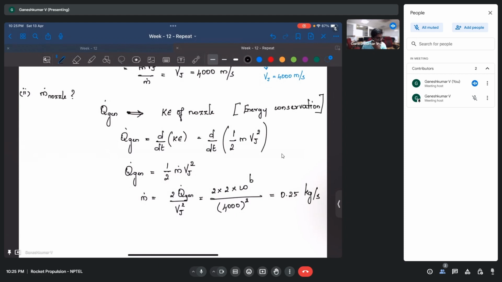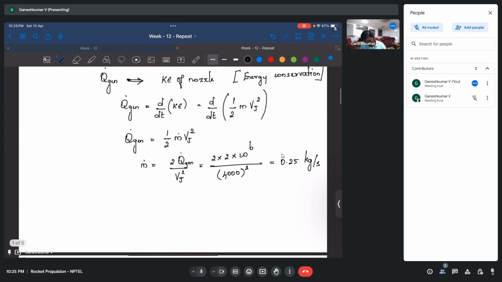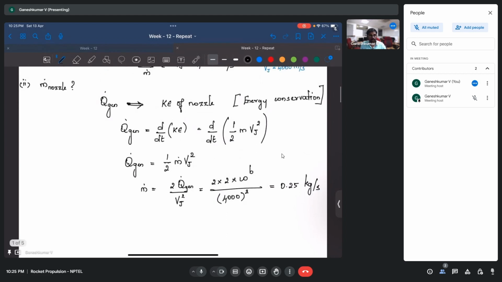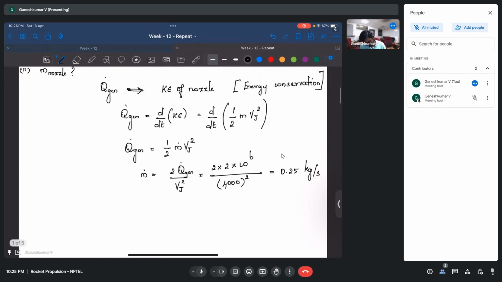That's how we were able to get this m dot. You may need to notice the physical concepts we are using here, because that is going to be helpful when you are solving your problems. We cannot blindly apply formulas.